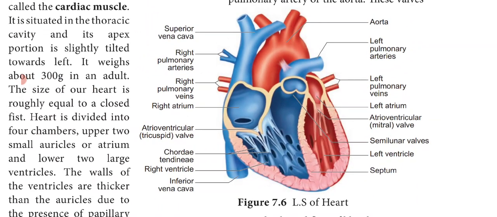In this picture you can see the 2 upper chambers, auricles, and 2 lower chambers, ventricles. Next, the 2 auricles are separated by the interauricular septum. So there is a wall which separates the 2 auricles, and the name of the wall is interauricular septum.